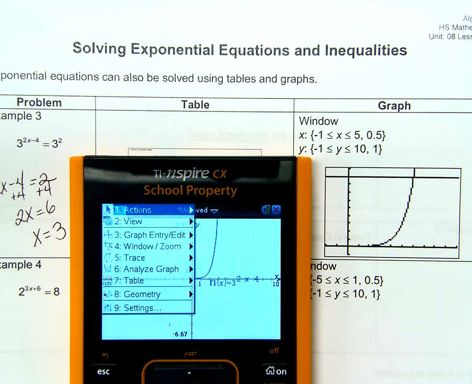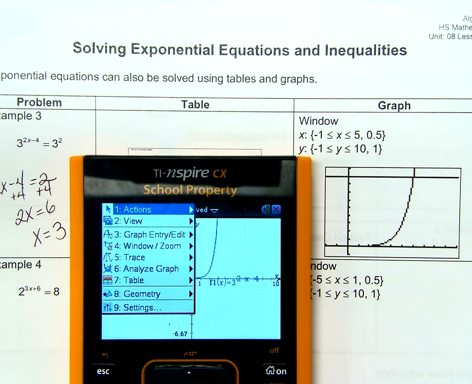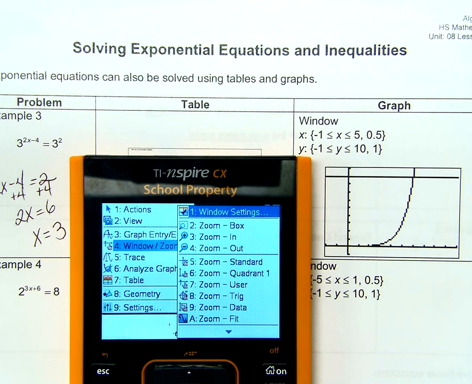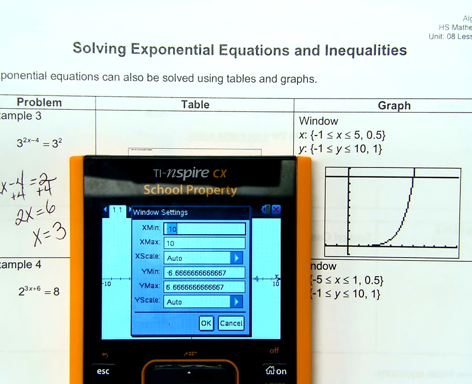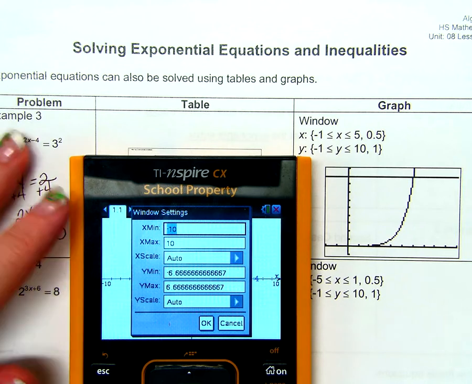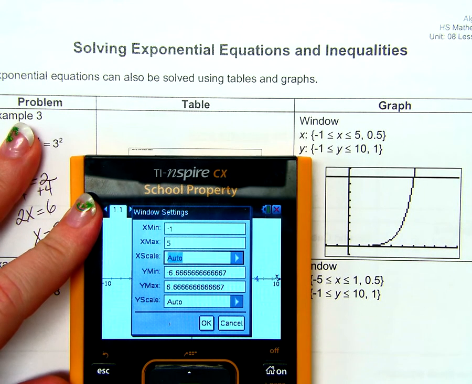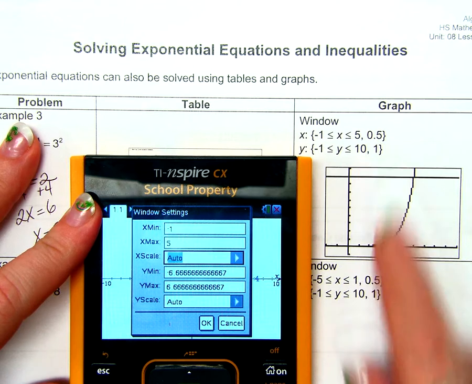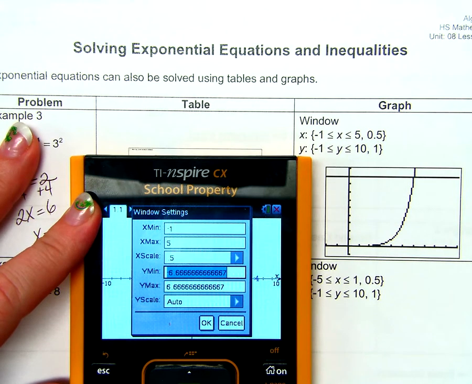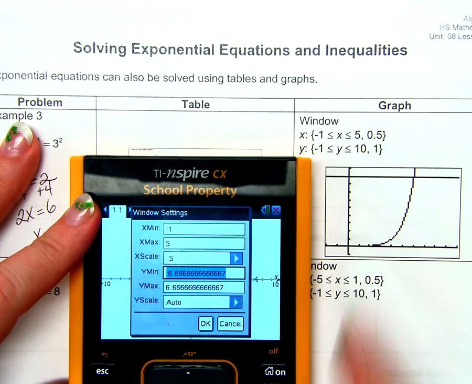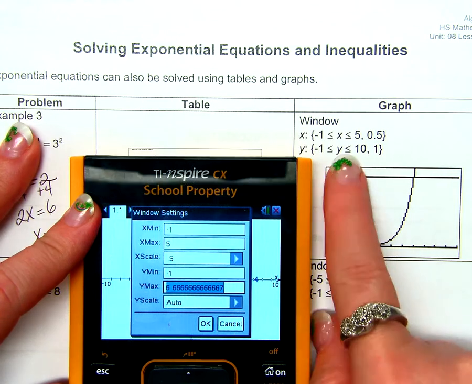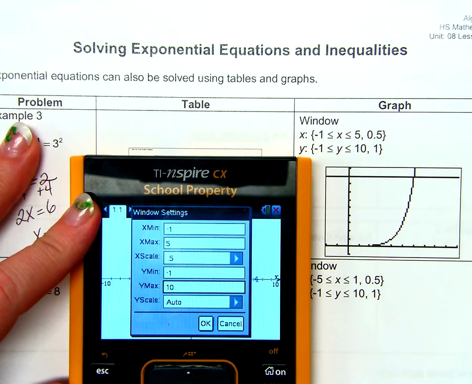So I'm going to go to menu and change my window. I'm going to edit my window settings, and I want it to be exactly what they asked it to be. I want x to go from -1 to 5, counting by 0.5s. I want my y values to go from -1 to 10, counting by 1s.